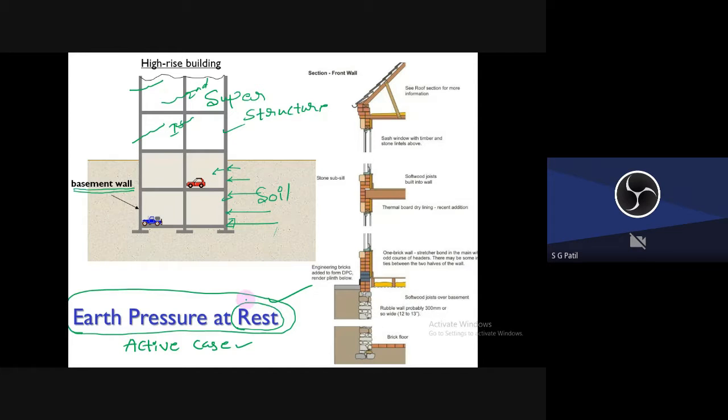I should design it for the earth pressure at rest condition. So this is another sectional elevation of your structure, which is having some basement. Always these basement walls, these are nothing but retaining walls. These are not a common brick wall. These are retaining walls.